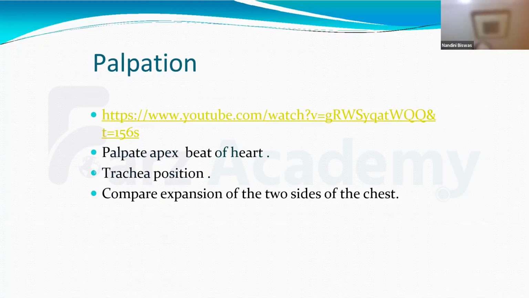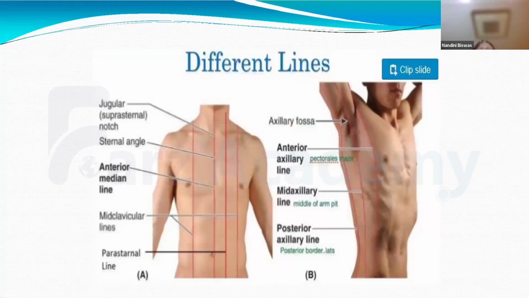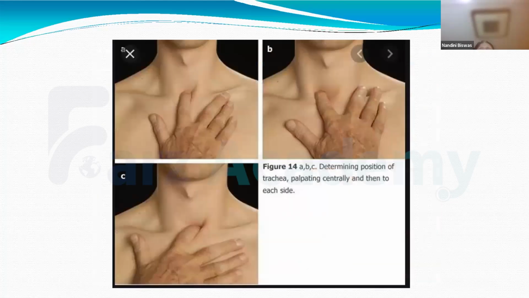So amongst the palpation, I'll go through this again. I'll go through this in a stepwise fashion. Don't forget to palpate for the apex beat and the tracheal position. Very, very important. These are the different lines. I don't think we need them, but good to know what the lines are. This is how you do a tracheal examination.